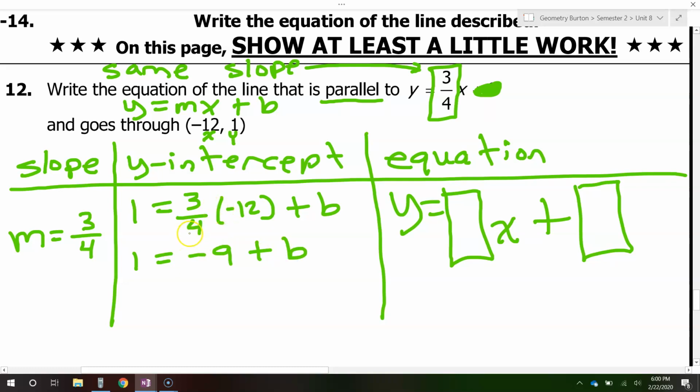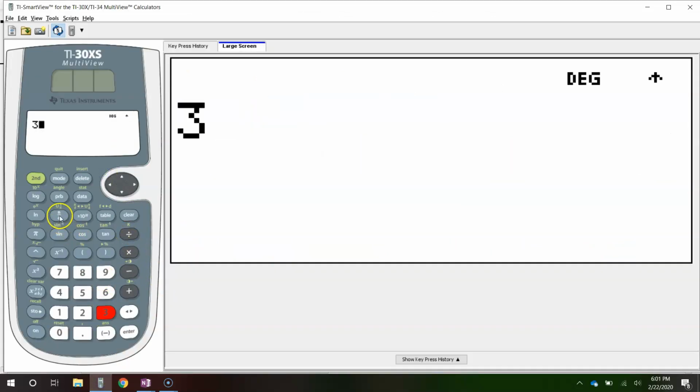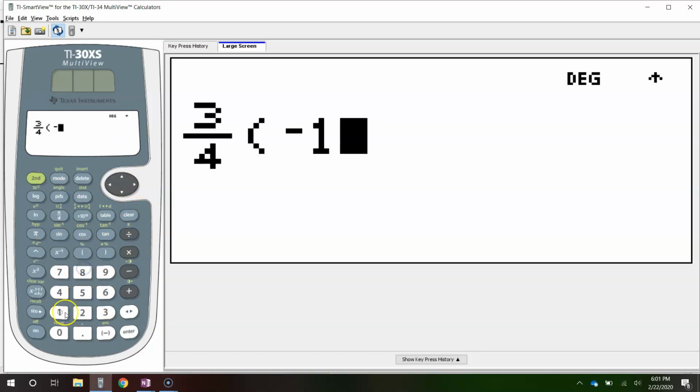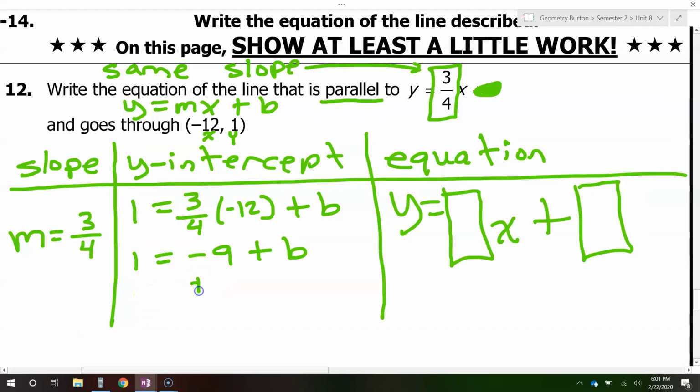But if you cannot easily follow what I just did, put it in your calculator. 3/4 times -12. Just put it in your calculator. A calculator is truly a thing of beauty. Now we will have to add 9 to both sides, which will give us 10.